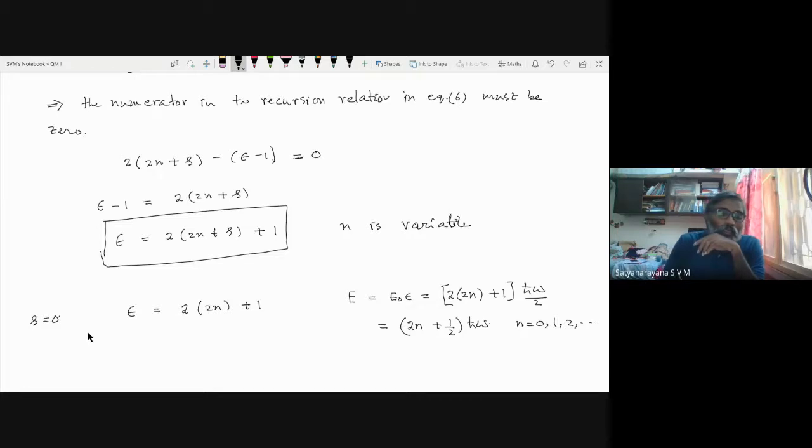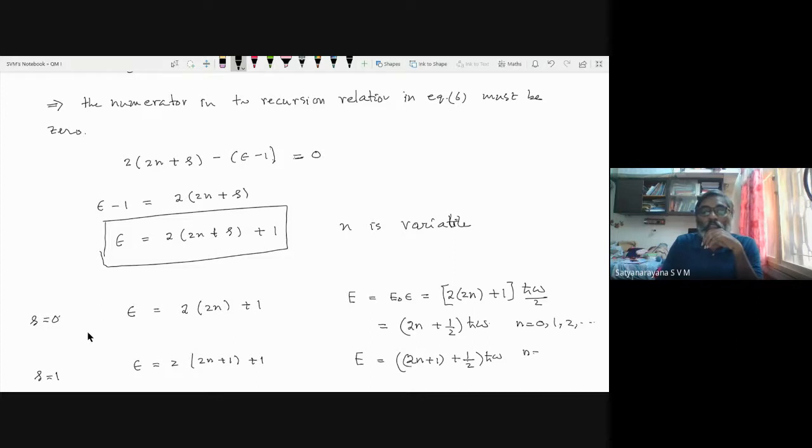On the other hand, if you take s equal to 1, then epsilon is equal to 2 times 2n plus 1 plus 1, which means your energy is equal to 2n plus 1 plus half into h cross omega.